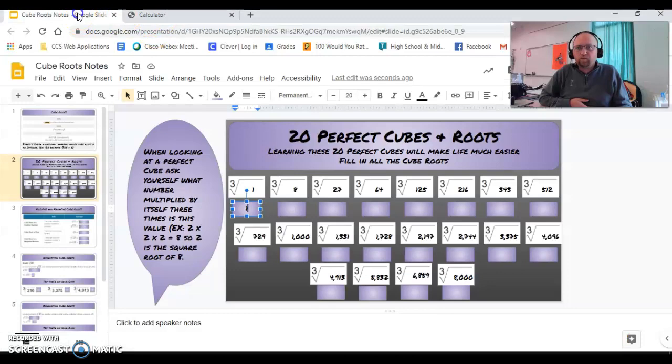So what you're going to do for slide 2 is evaluate each and every one of these cube roots. Again, if you're going to do the cube root of 27, or if you want, let's do the cube root of 5,832.